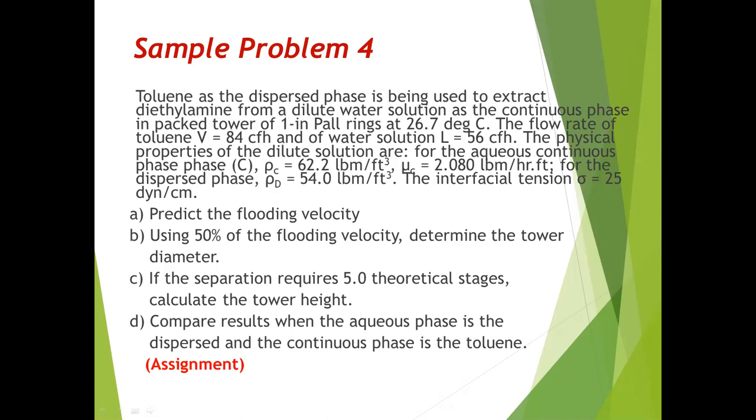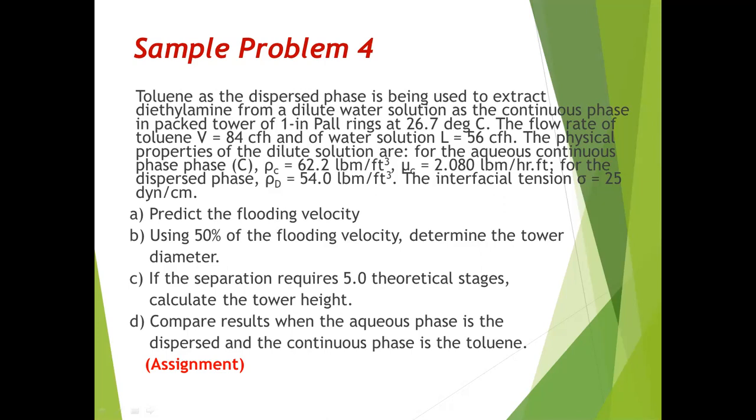The physical properties of the dilute solution are, for the aqueous continuous phase, the density, or rho C, is 62.2 pound mass per cubic feet. The viscosity is 2.080 pound mass per hour per feet. And for the dispersed phase, the density is 54 pound mass per cubic feet. Now, the interfacial tension is 25 dyne per centimeter.